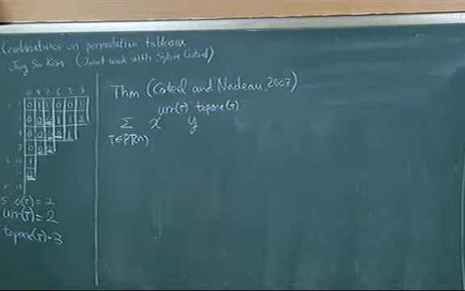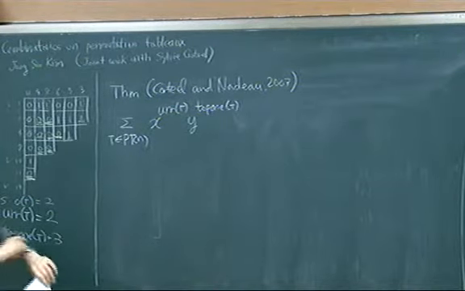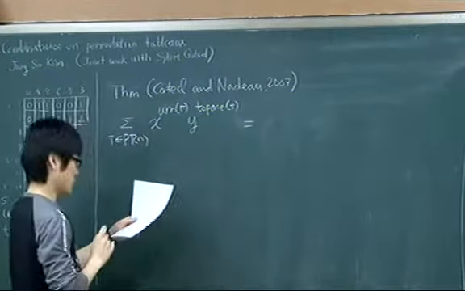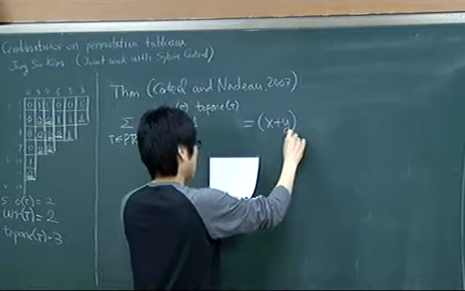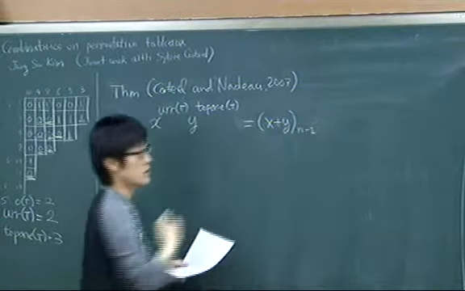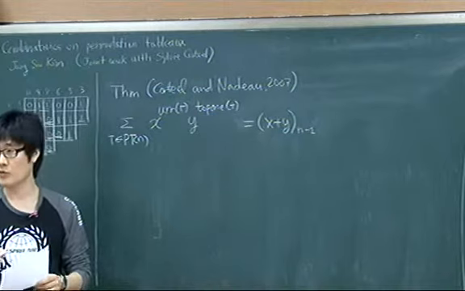And this summation has a very nice, very simple form actually. It's x plus y to the n minus 1, the rising factorial of this number.